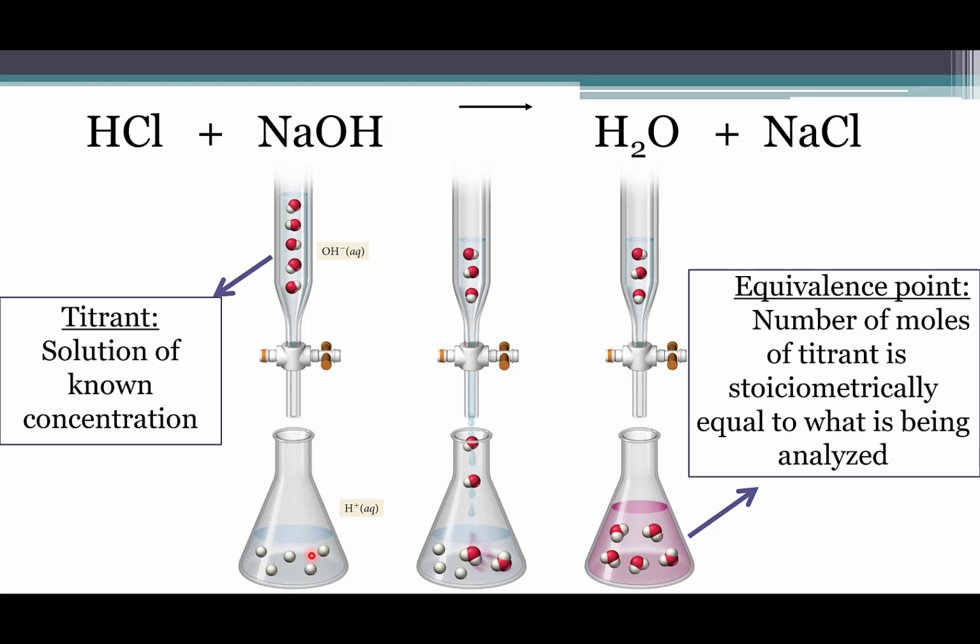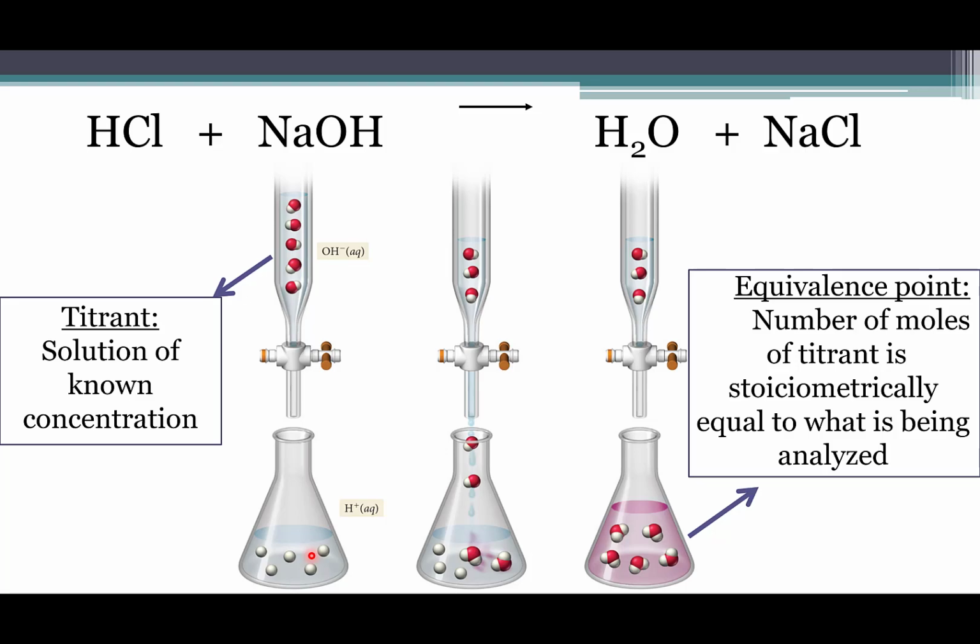Down here in our flask is where our unknown will go. We may not know the concentration of that unknown, but we will know exactly how much we're starting with. So when I have that flask down there, I might say, okay, I'm going to put 20 mLs of hydrochloric acid in there.